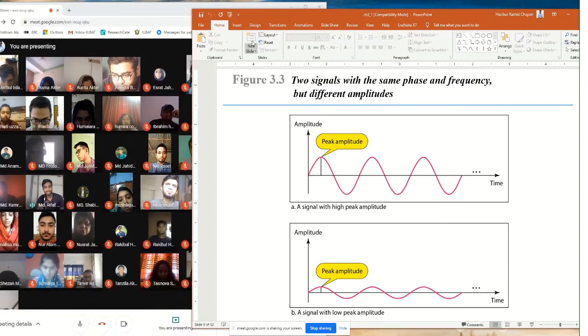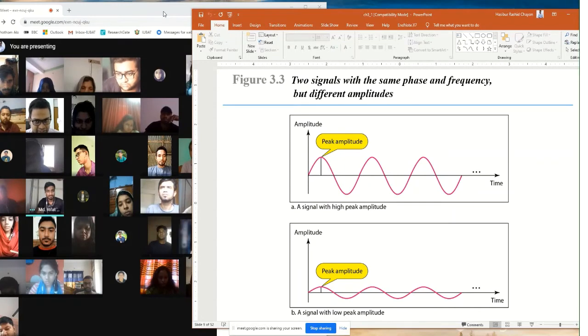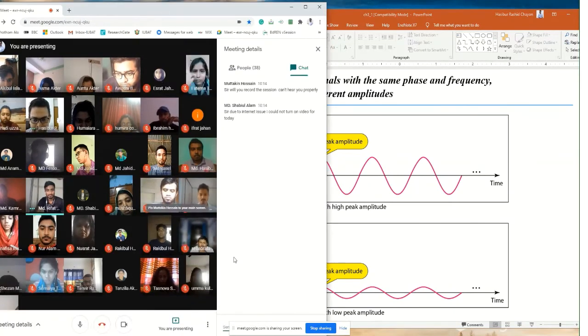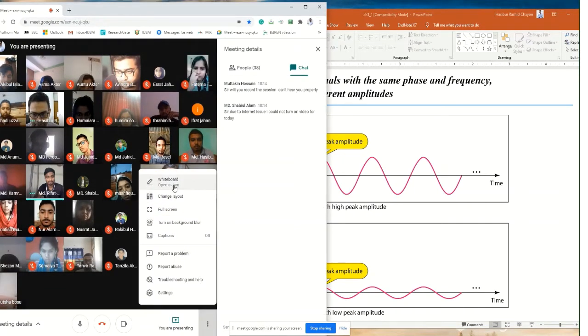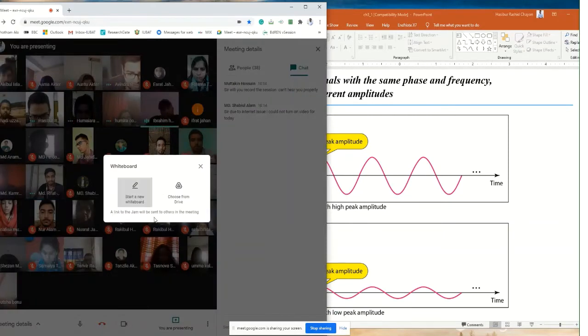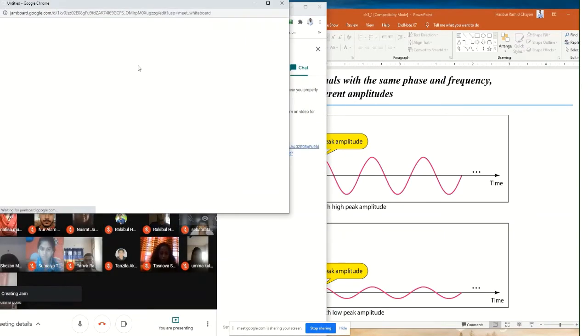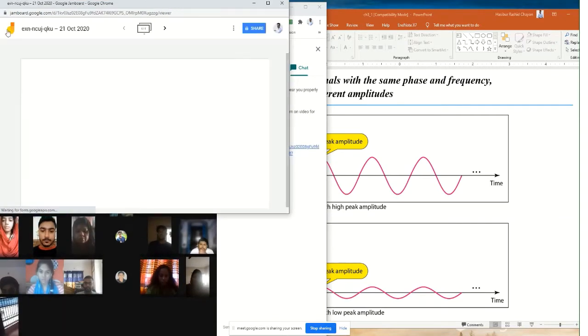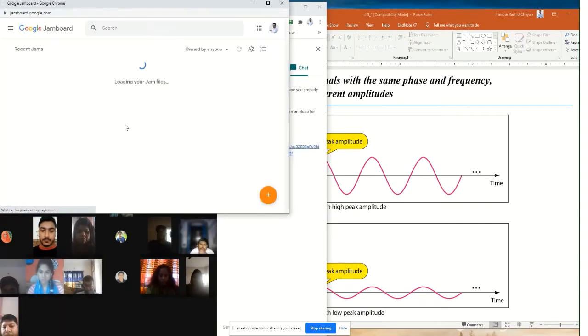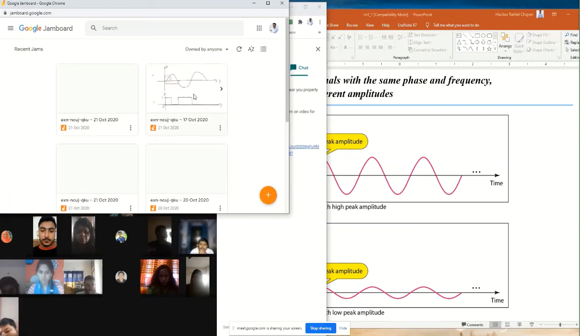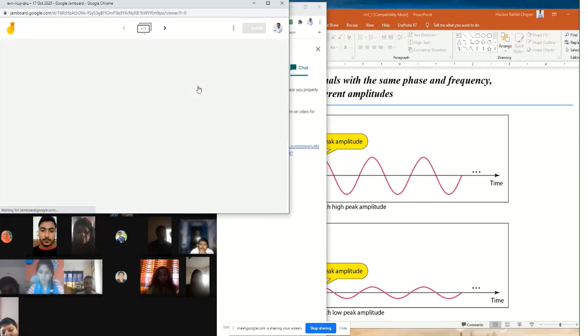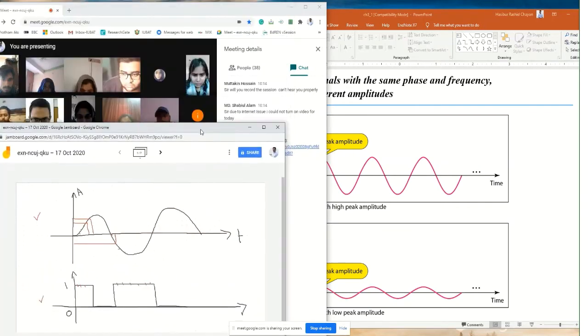The first one is higher. Wavelength, remember. The second one. Why the second one? Because its propagation is more than the first one.